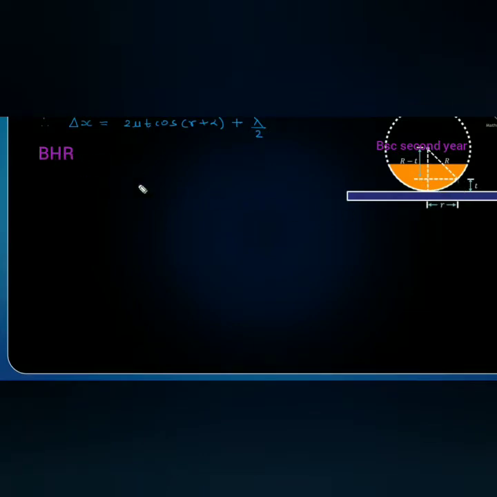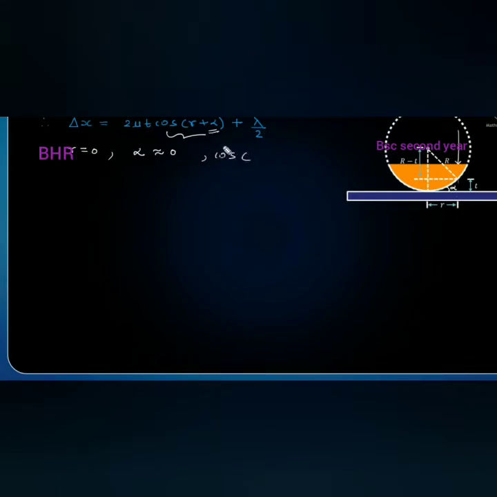In the case of the Newton rings experiment, the light is vertically incident on the glass plate, hence r is equal to 0. And the value of alpha is very small, that is, alpha is approximately equal to 0.